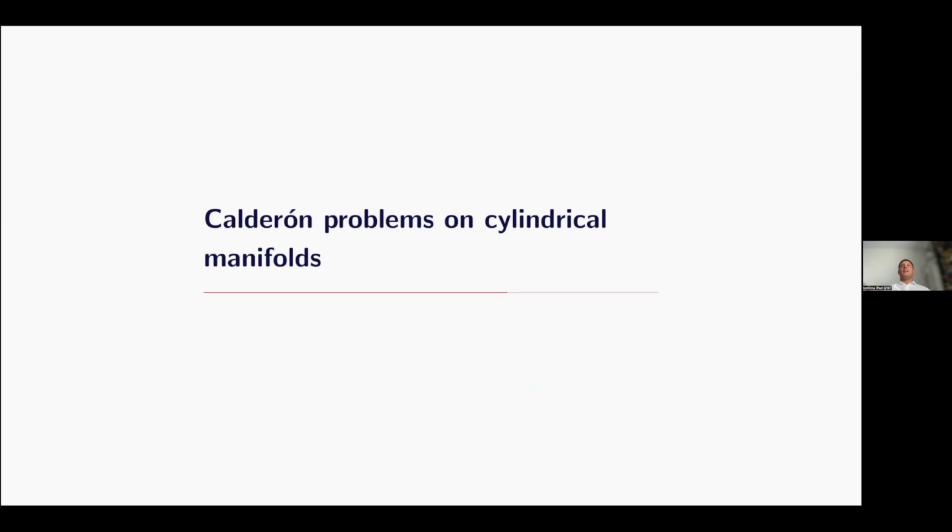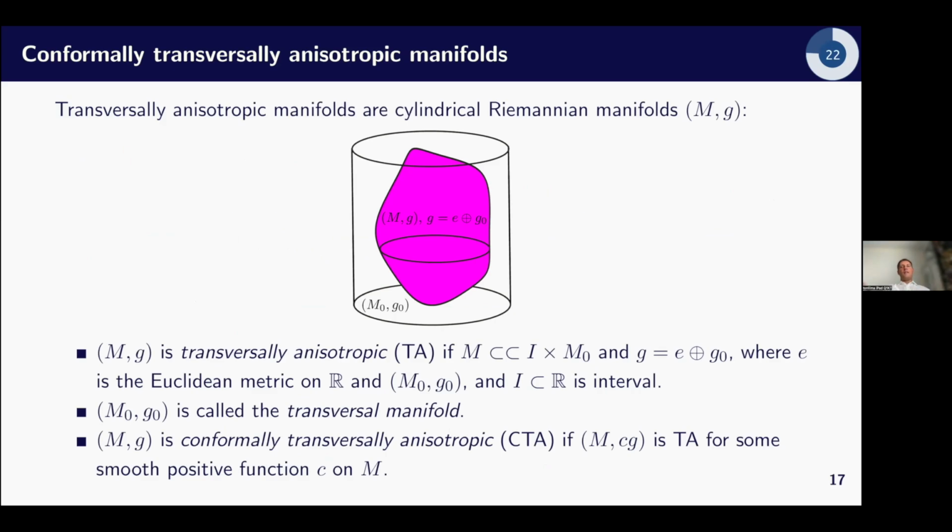Okay, so the last example of the use of the Stone-Weierstrass theorem is in Calderon problems on cylindrical manifolds. And let's start by defining what these cylindrical manifolds are. Right. So cylindrical manifolds, as the name says, somehow look like cylinders.